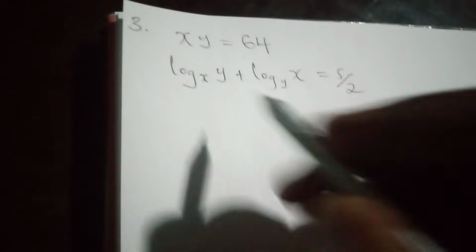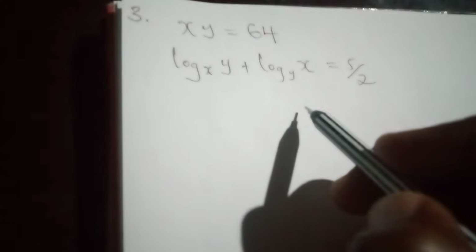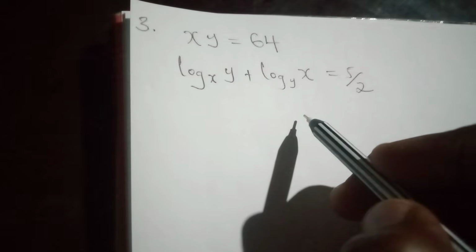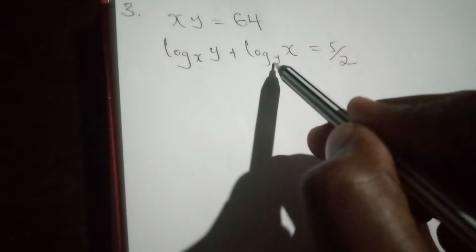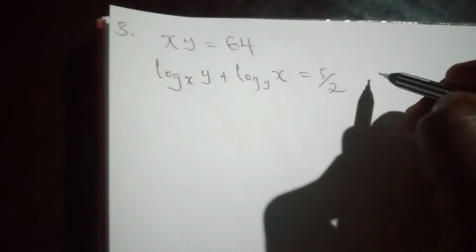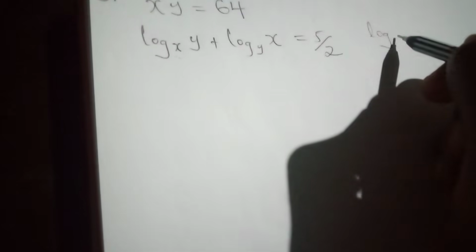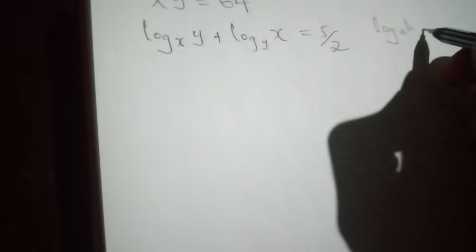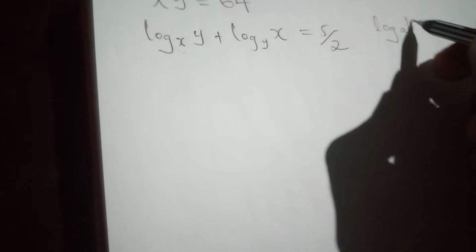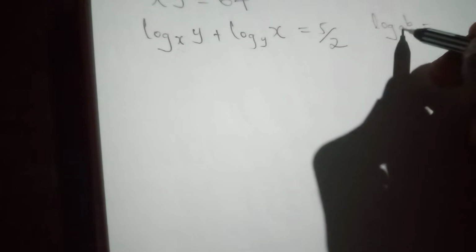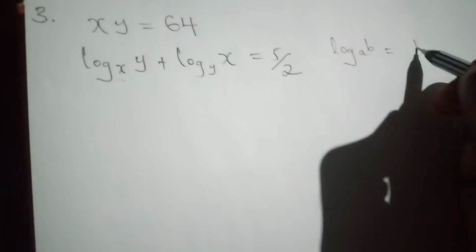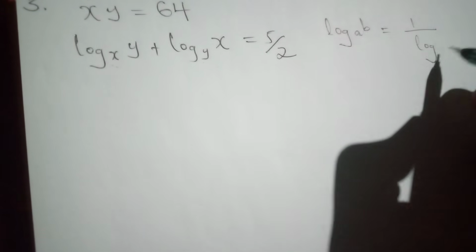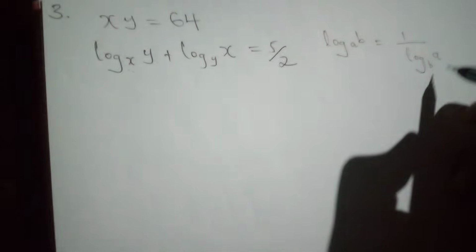So we are going to start with this one. So if you look clearly you're going to see that the bases are not the same. But earlier I introduced a concept to say that if you are having log of b base a, this b to become a base and this a to become a power, you have to introduce 1 over log a base b like that.